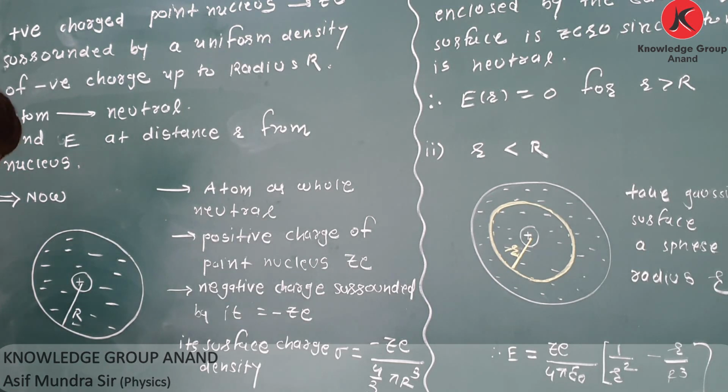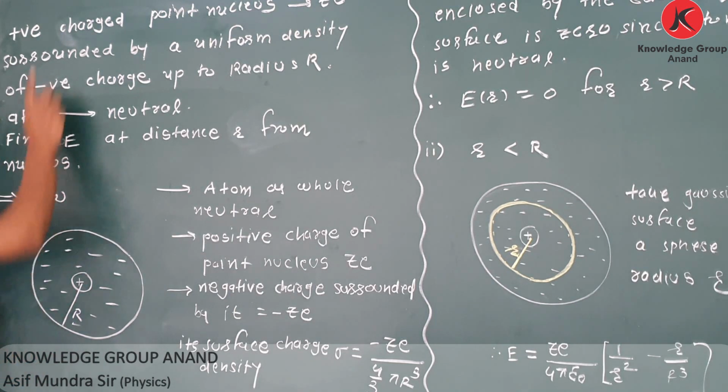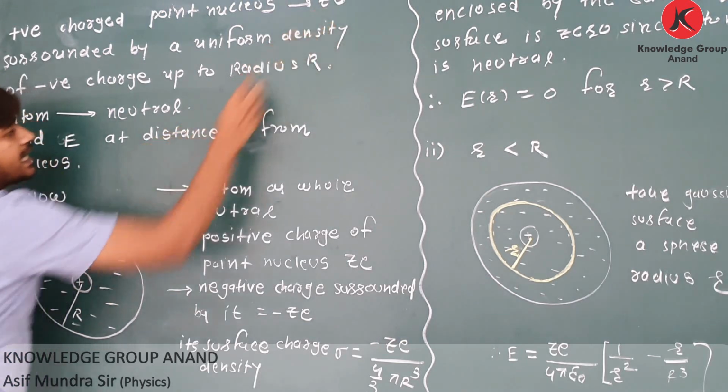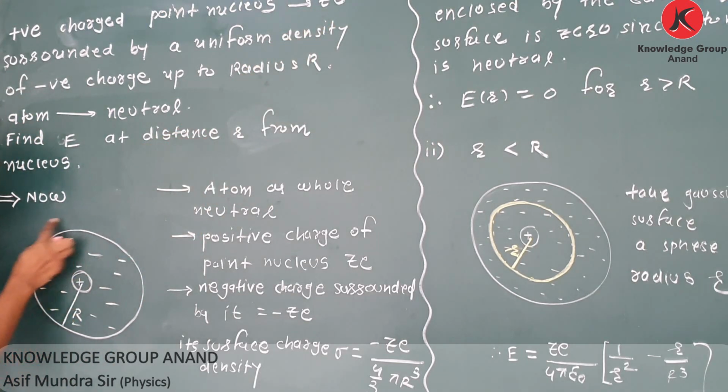Now understand what the question is. It is a positively charged point nucleus with charge Ze, surrounded by negative charge up to radius R having uniform negative charge density.